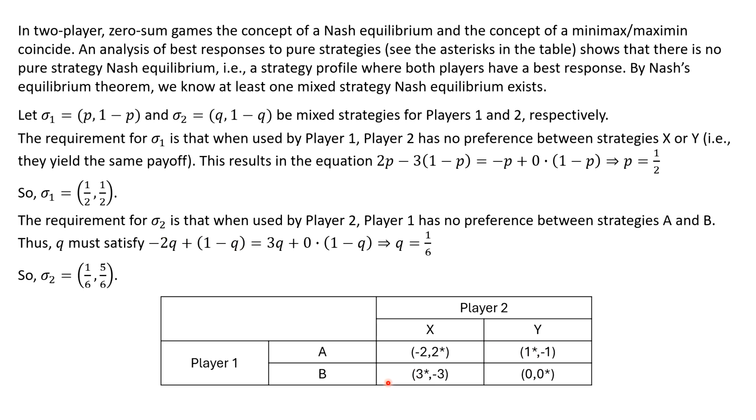And then the payoff for player 1 using B, when player 2 uses the sigma sub 2, is 3 times Q plus 0 times 1 minus Q. And again, if you go through the calculations, you get Q equals 1/6. So our second mixed strategy has probabilities 1/6 and 5/6. Again, that applies to player 2 playing X or Y. Playing X was 1/6 probability and playing Y was 5/6. So let's continue on the next slide.